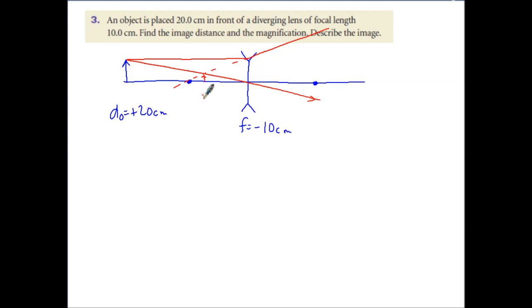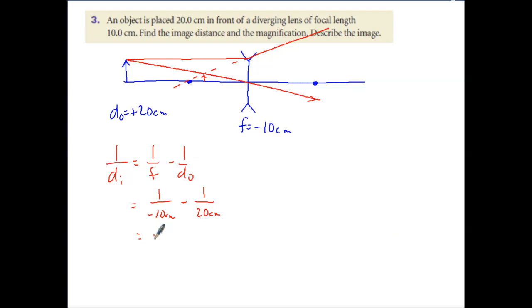From a drawing standpoint, we could do that all to scale, but much easier just to use the lens equation. So I'm looking for the image distance, so 1 over F minus 1 over DO. Just pay attention to those signs here. 1 over a negative 10 centimeters minus 1 over the distance to the object is 20 centimeters. And so what do we get for 1 over DI?